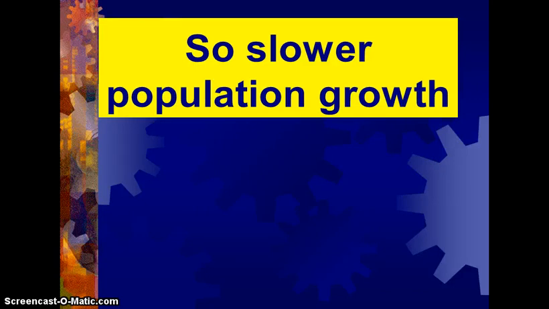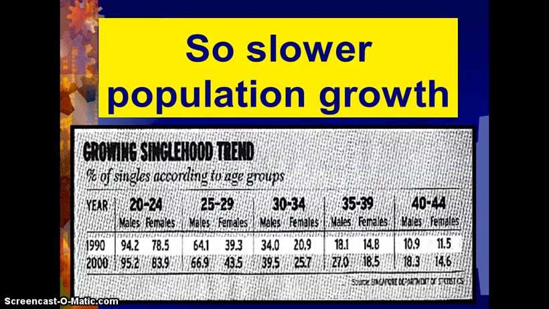And so, slower growth in population. Now look at these figures here. You will find that in 1990, the number of young people was 94.2. But by the time they reached 2000, the population of young people had gone up to 95.2.